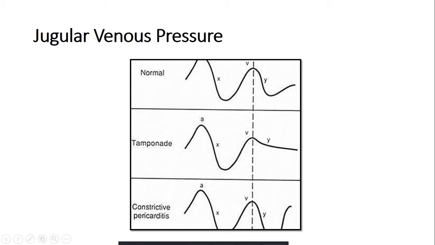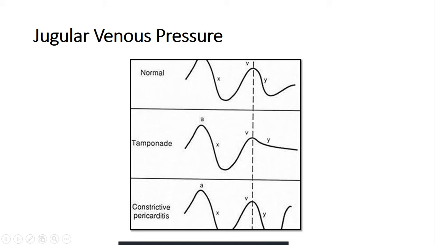How about the pericardial diseases? Tamponade, constrictive pericarditis. X and Y descents will be affected. How does it happen?